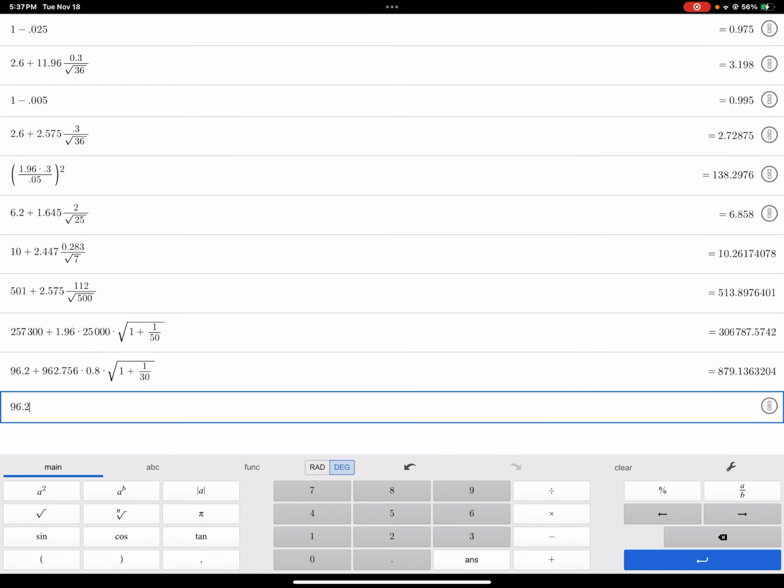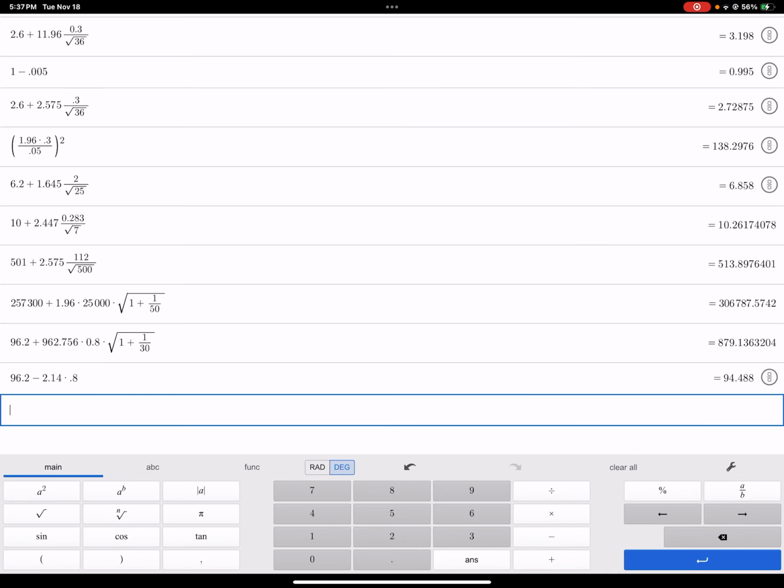All right, let's very quickly plug this into our formula. 96.2, I'll do minus first, minus 2.14 times 0.8. Lower bound, 94.488.